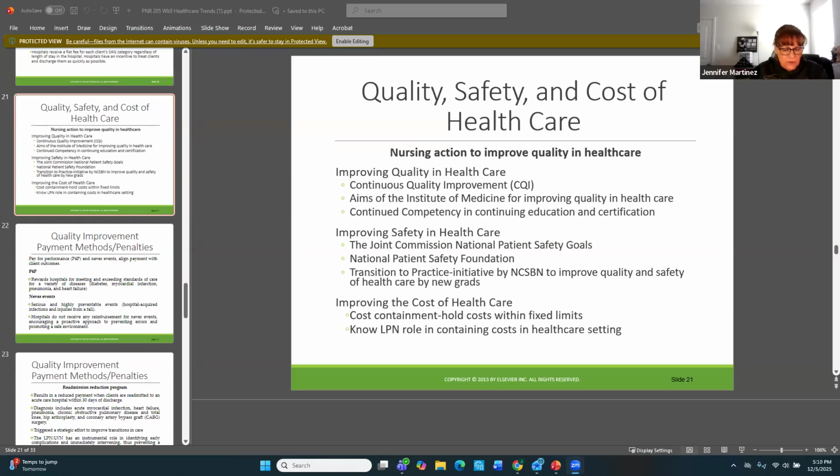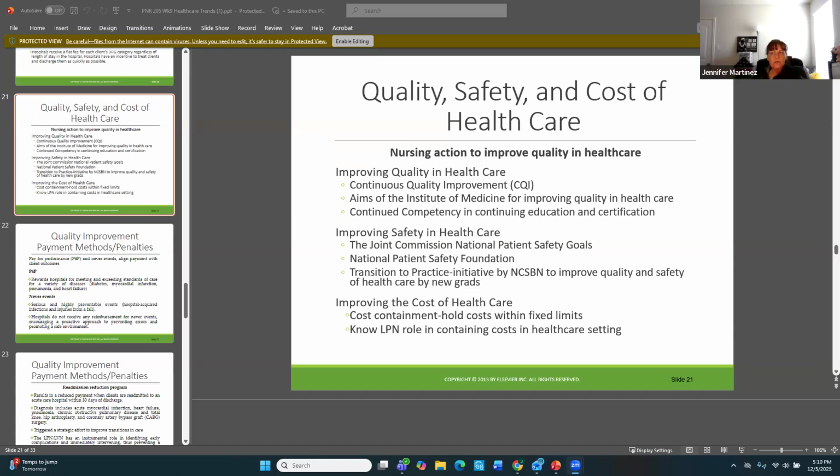All right, so we'll go ahead and finish up chapter 16. So improving healthcare or improving quality in healthcare. So nursing action to improve quality in healthcare. So we had the continuous quality improvement, or CQI, is one of the ways that we can help to improve.